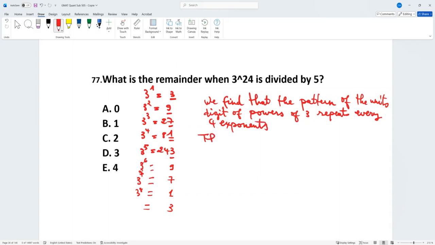So the pattern of unit digits is 3, 9, 7, and 1. So that's the pattern that we found.